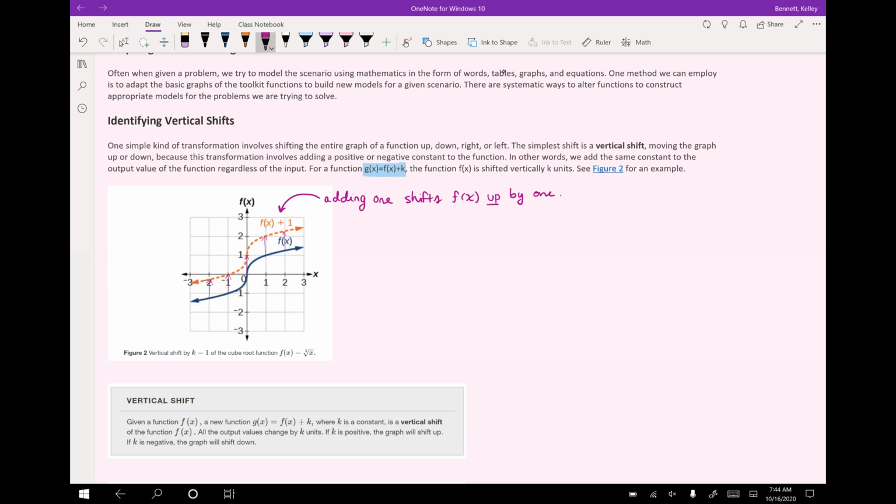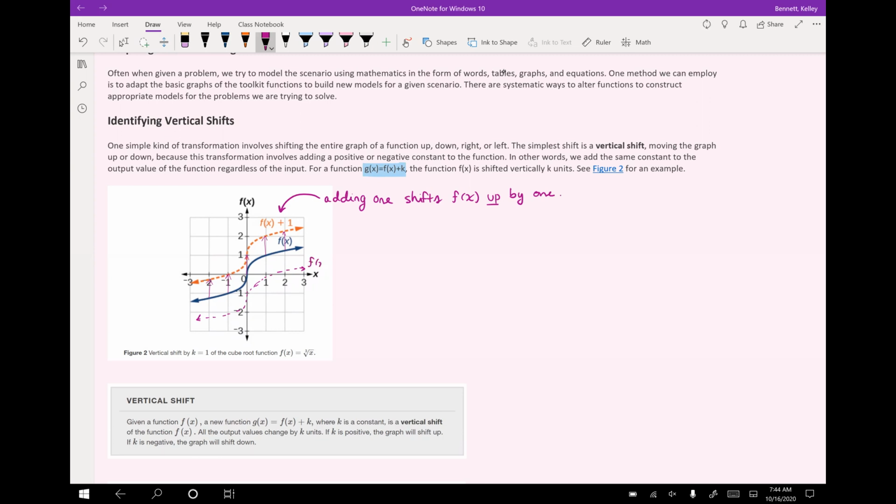And of course, if we subtracted 1, we would be looking something like this, right? Where we would just go down 1.